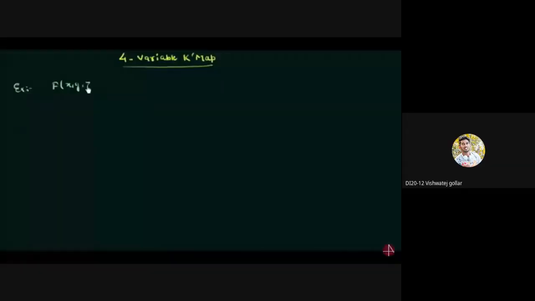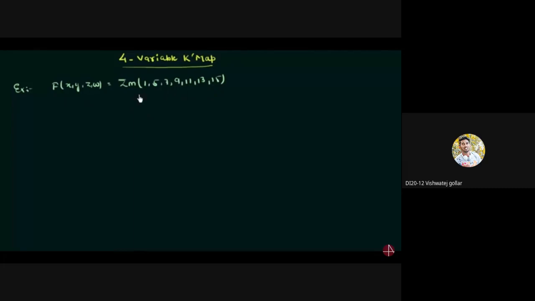X, Y, Z and W are there, and the min terms are 1, 5, 7, 9, 11, 13 and 15. So here we have the min terms as M1, M5, M7, M9, M11, M13 and M15.